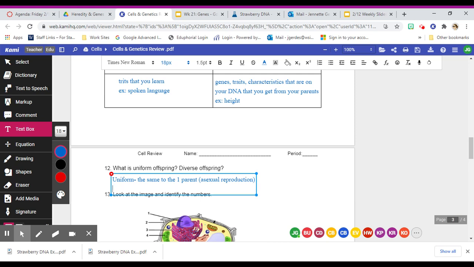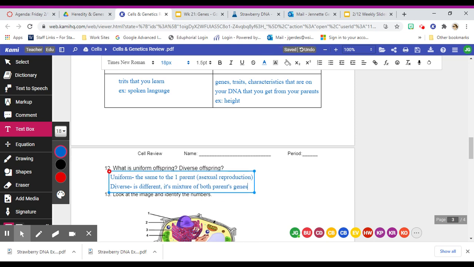While diverse is different. It's a mixture of both parents, of both parents' genes.